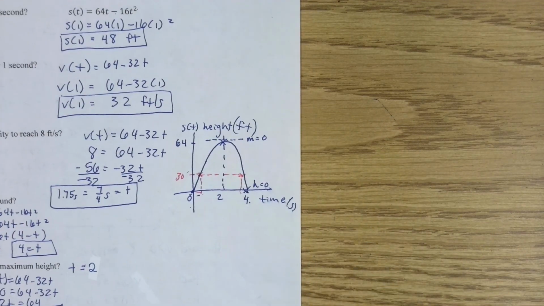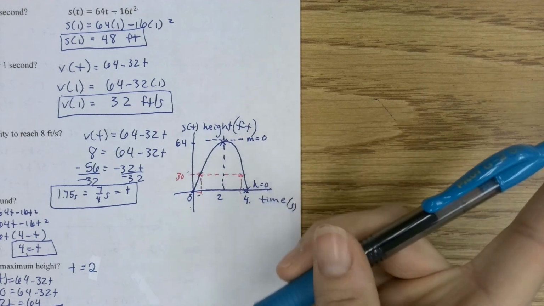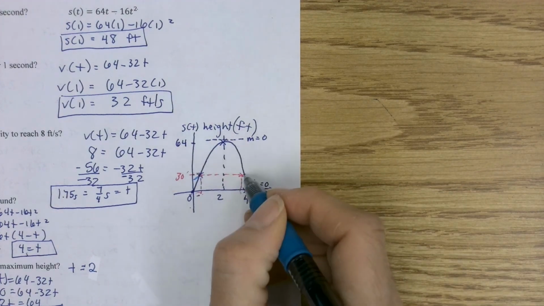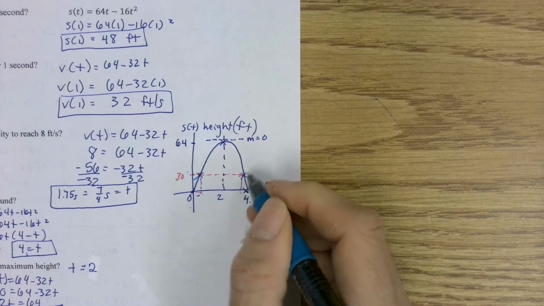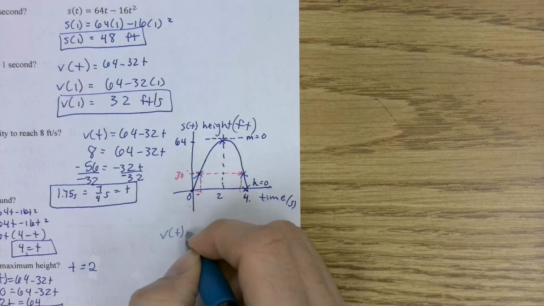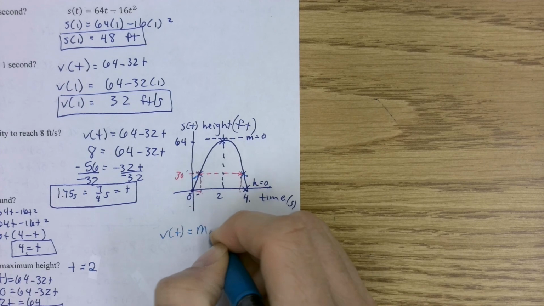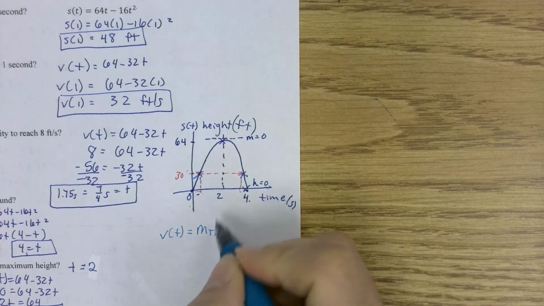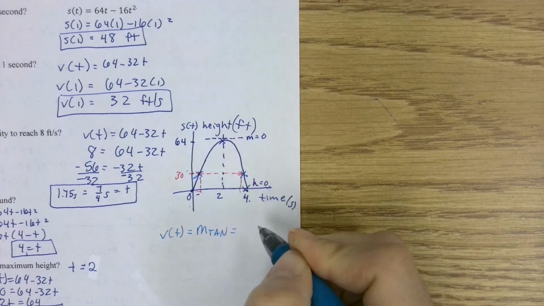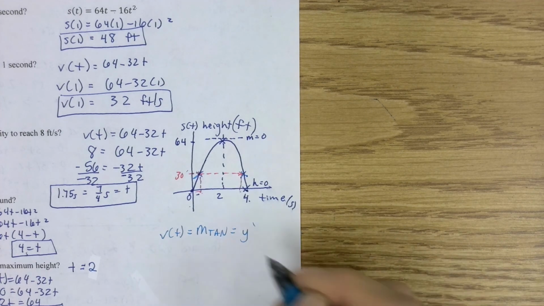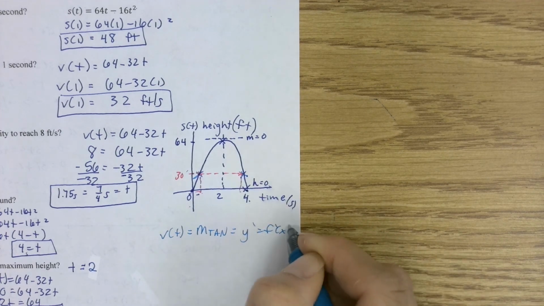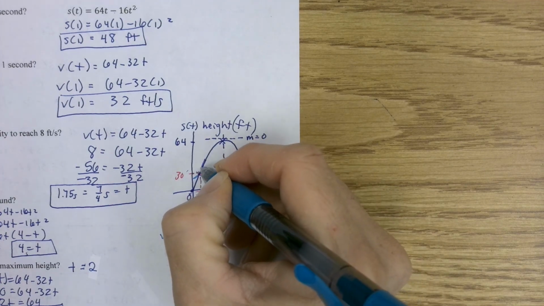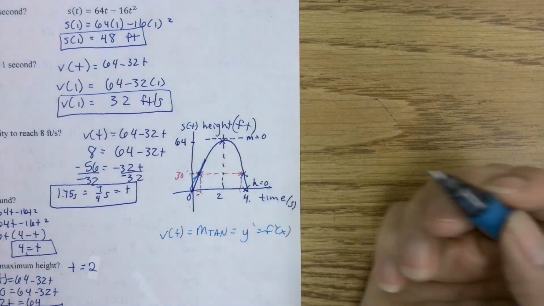If we slide back up here, what did we just find? We just found the velocity on the way up at this moment and the velocity on the way down at this moment. And what is another name for velocity? Instantaneous slope of the tangent line, or instantaneous velocity. Slope of the tangent line, which is also our first derivative, right? If you're looking at a function, f prime of x, all different ways to say the same thing. The slope of the tangent line, there's my tangent line, it's the slope of that line here.